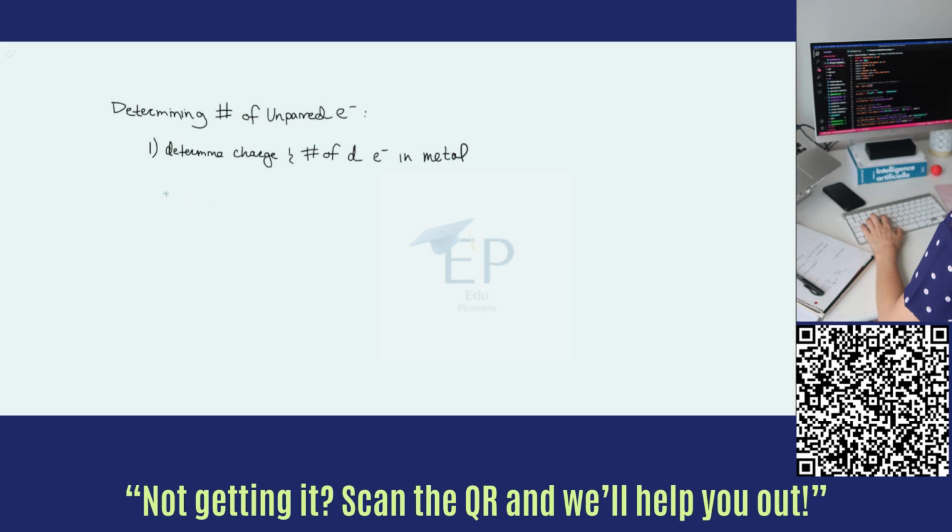Then we have to determine if ligands are strong or weak field ligands. Next, draw the electron configuration and count. So not too bad, right?